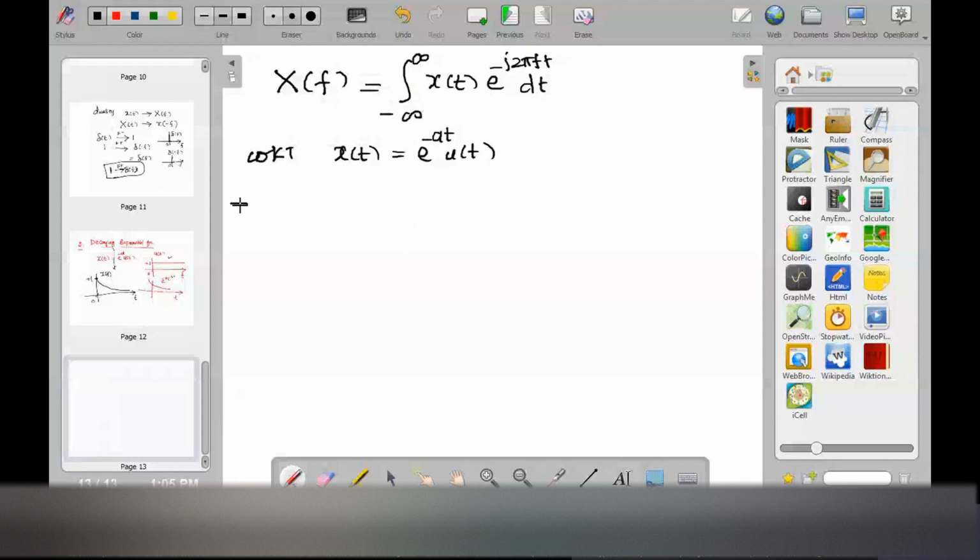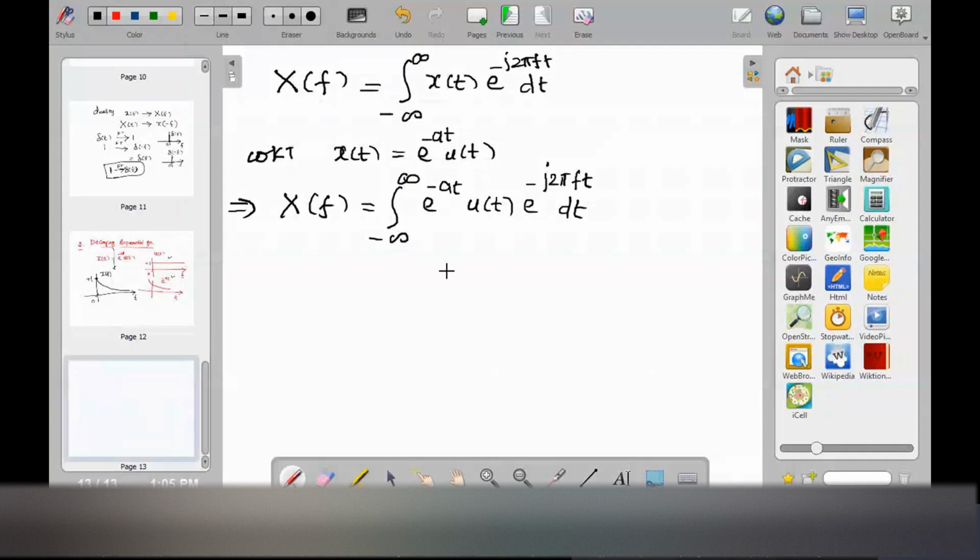That implies X of f equals the integration from minus infinity to plus infinity, where I substitute x of t as e raised to minus at into u of t, times e to the power of minus j 2 pi f t, with respect to t. Till this point, I think there is no doubt, no confusion.